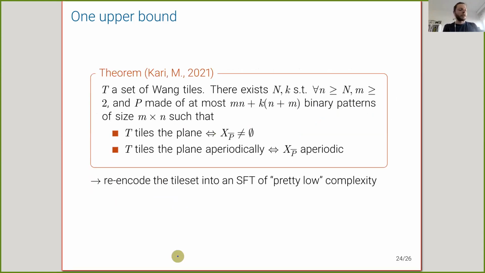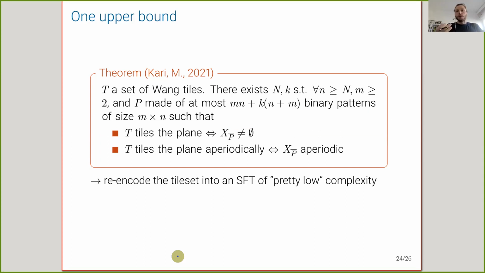And this result comes from this theorem here, which basically takes any set of Wang tiles and re-encodes the Wang tiles in a way that produces the SFT we want.